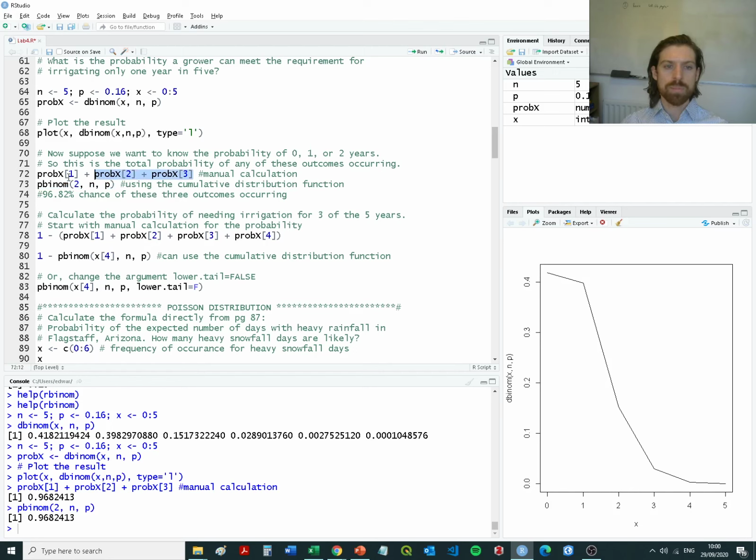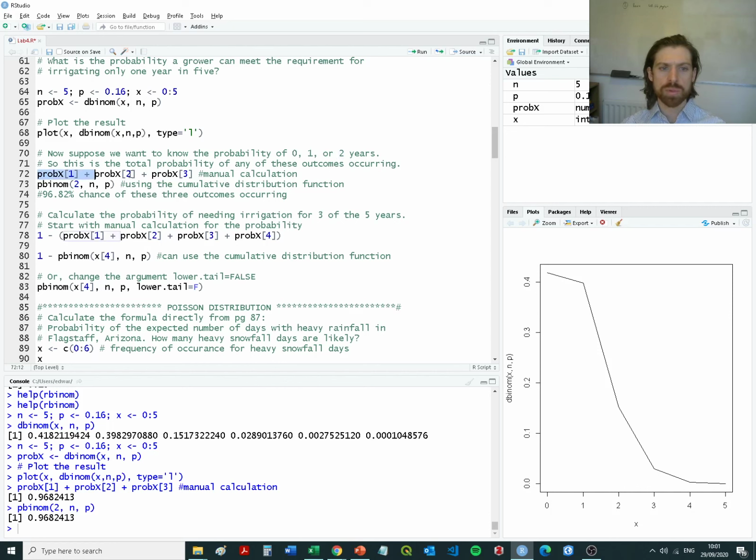So we calculated it manually here just by adding together those probabilities, but if we use the p-binom, we're able to get the cumulative distribution function. So here we've entered year 2, and as it's cumulative, what it's doing is it's basically saying, rather than giving me the probability for each individual outcome, 0, 1, or 2, for example, just give me the cumulative probability, so all the probabilities added together up to that one particular year.